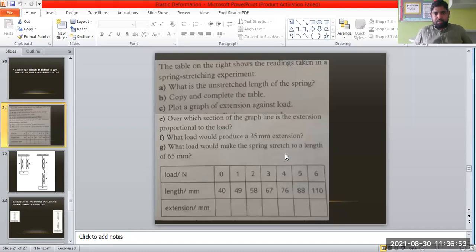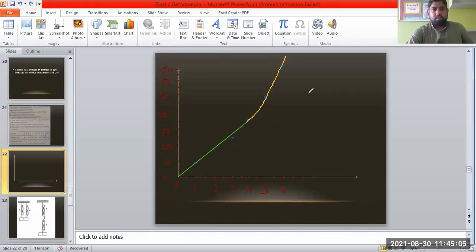So there is some data given. Let me plot it for you. Okay, I have plotted the graph roughly for you.